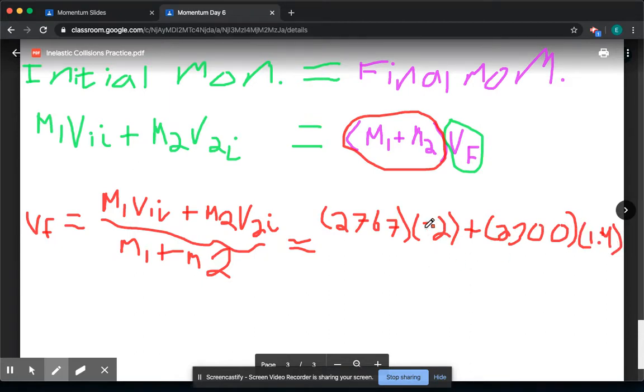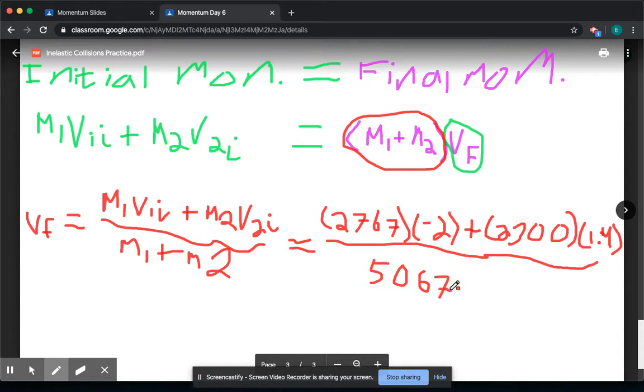The reason this is negative is because that one's going to the left. And this whole thing needs to be divided by 2300 plus 2767. If you do that, you get 5067.